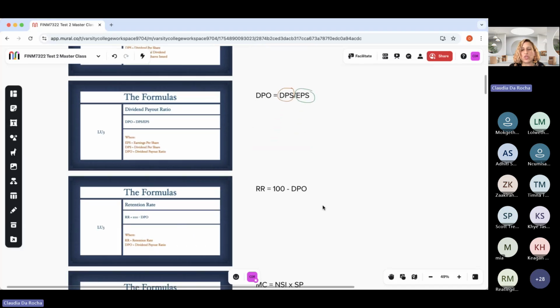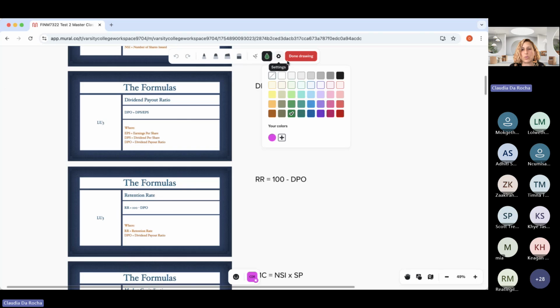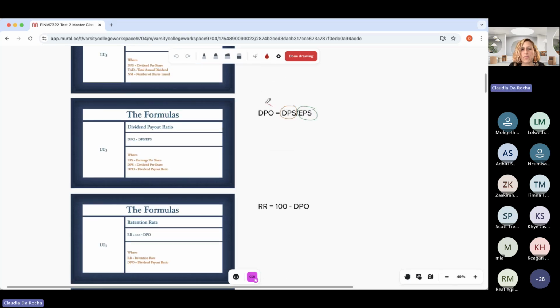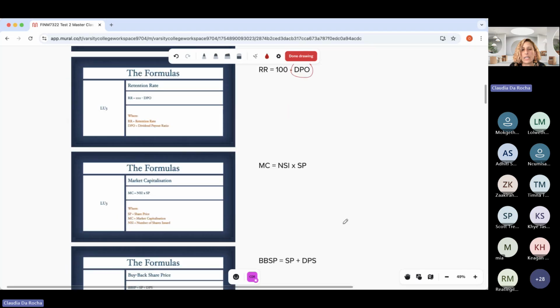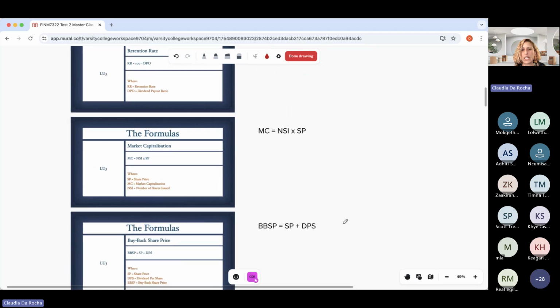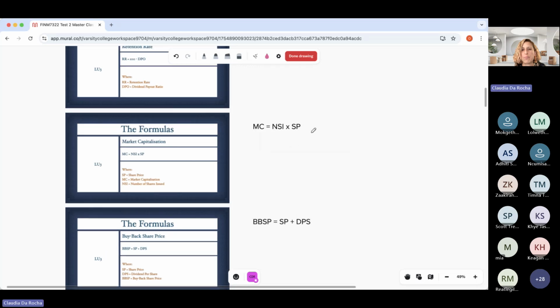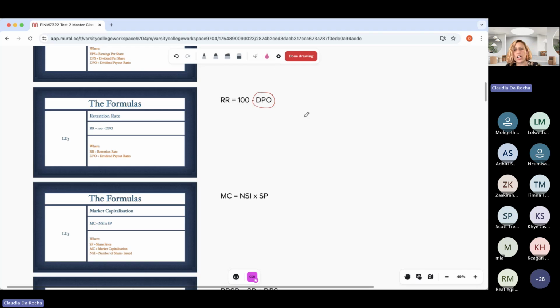Then we have the retention rates, quite important because this is what tricks individuals. Again, we have the DPO, dividend payout ratio, coming again. So formulas crossing over, right? Then market capitalization, this will be quite important for our question today, because they do ask us to work out the market value of shares.